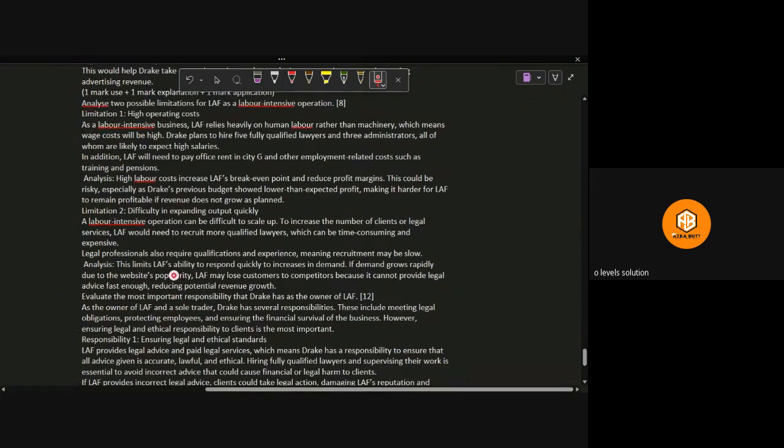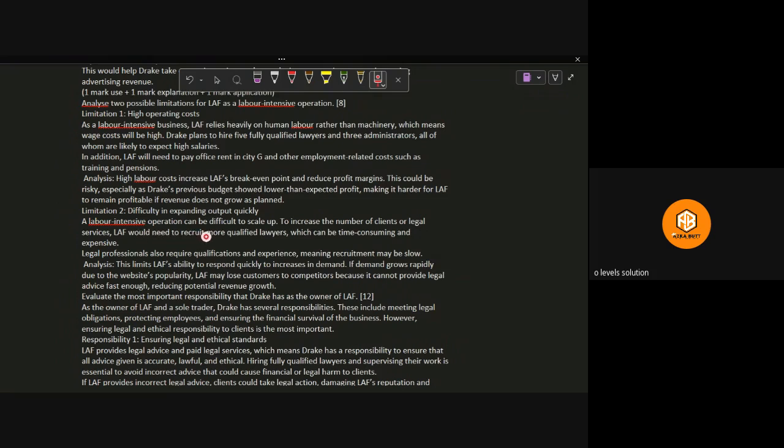The next problem associated with labor intensive operations is difficulty in expanding output quickly. Labor intensive operations can be difficult to scale up. It means that it's really difficult for him to expand, to increase the number of clients or legal services, because of course he's not selling output.